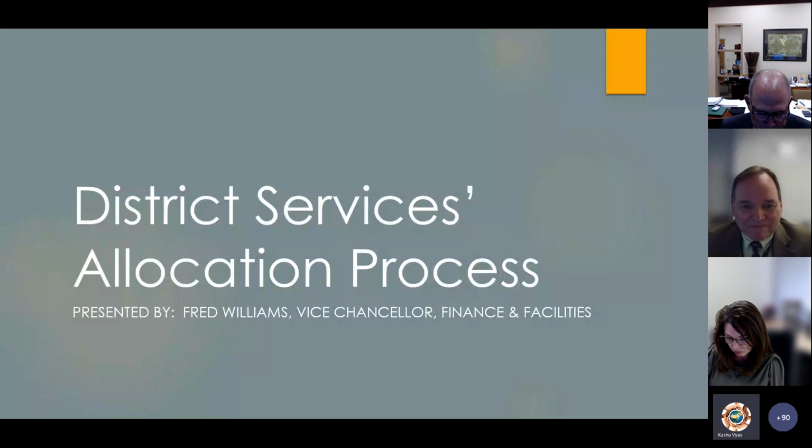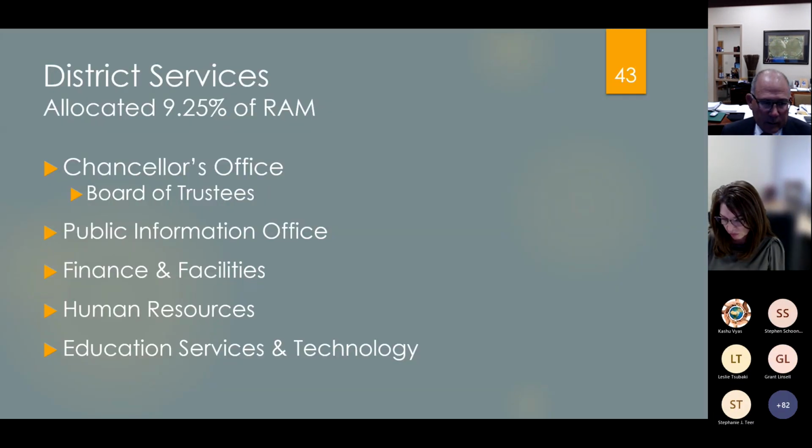Great, thanks, Stephen. And we'll go back to Fred for the district services allocation process. So the way we do it for district services, there are 5 areas that we build the budget for. The Chancellor's office also has the Board of Trustees as well. So what you see on the slide is the 5 areas. We're allocated 9.25% of the resource allocation model.